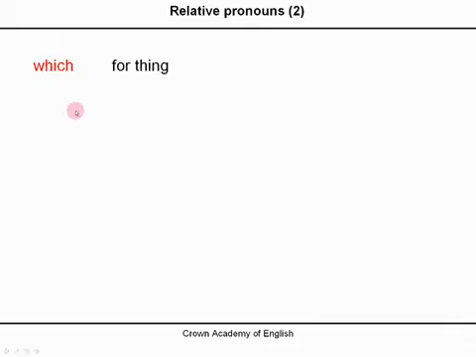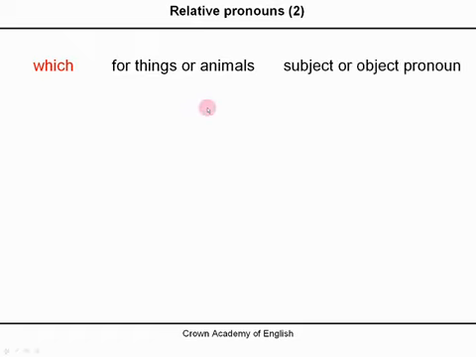Which. This is for things or animals. And it can be used as the subject or object pronoun. Example, it's a book which will interest you.